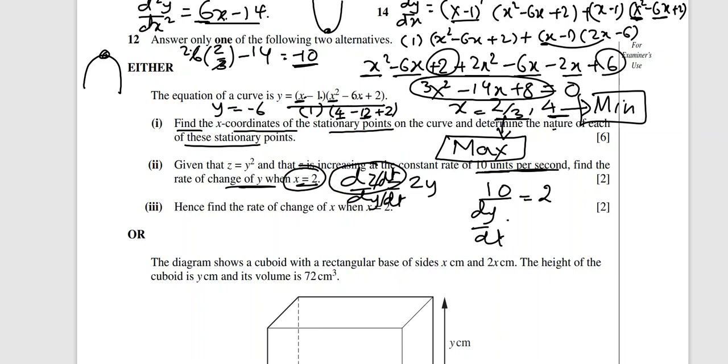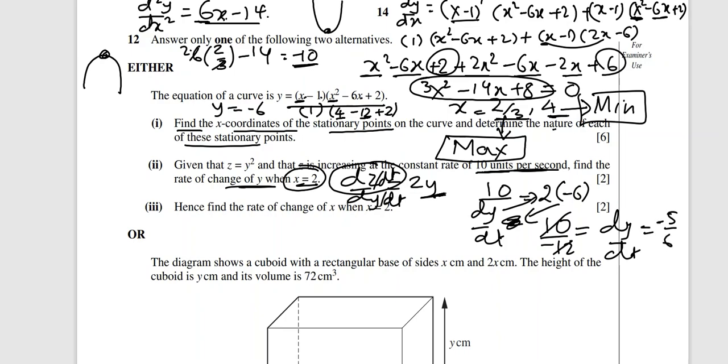So that means we will put here 2 times y, minus 6. So cross multiply, dy over dt will come to the right side, and here we'll be left with 10 divided by minus 12. So the answer is negative 5 over 6.